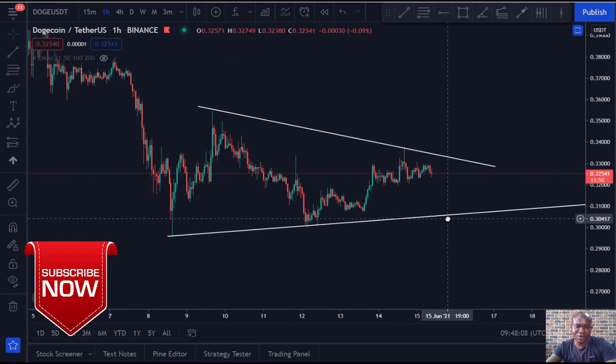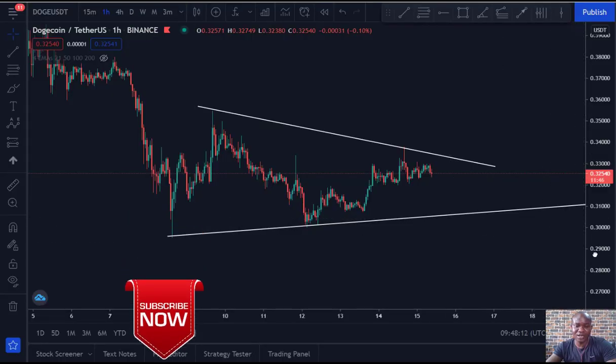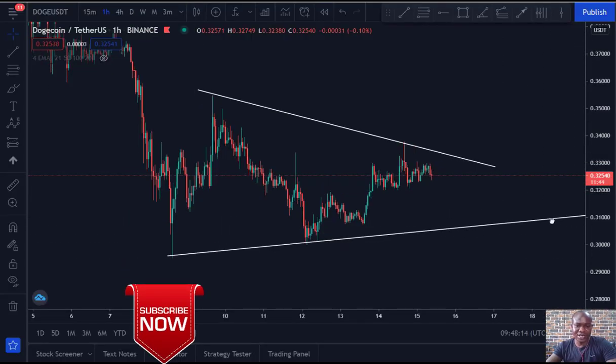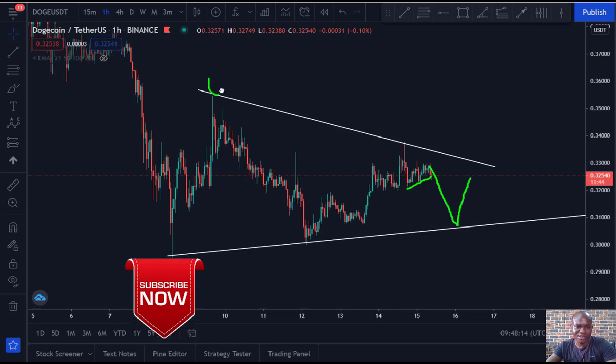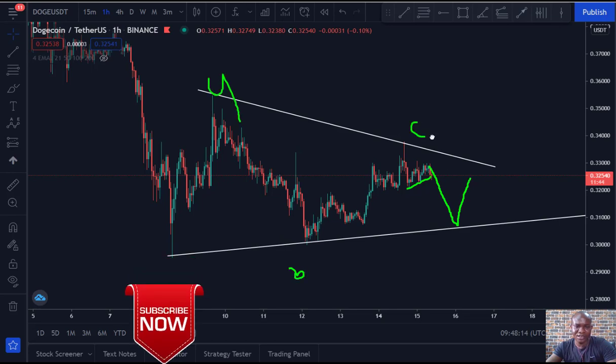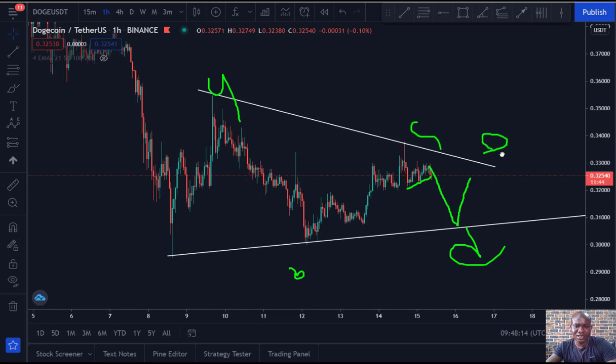This might be a triangle or it might be a contracting flat. Looking at it critically, we might see currently that there might be a sharp sell-off here, and before we go, we call this A, B, C, D, E. It is a kind of symmetrical contracting triangle which can break out here or break down here.